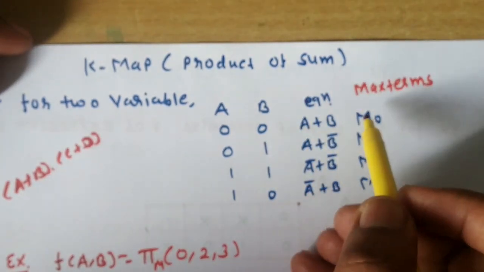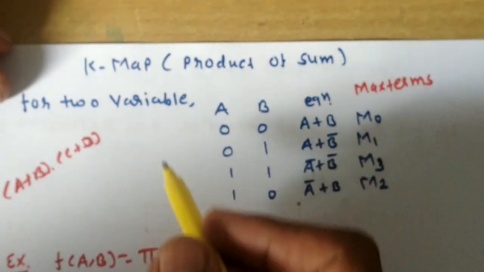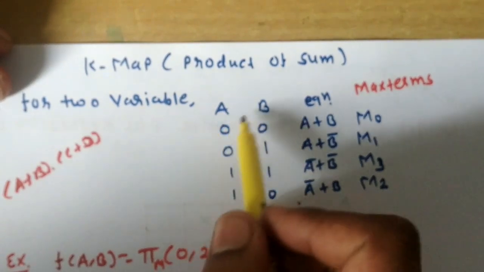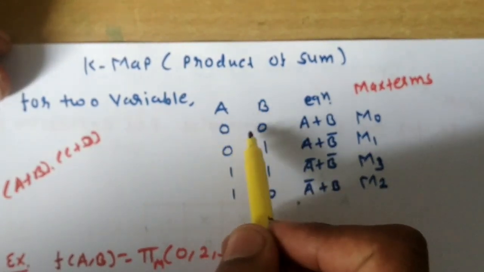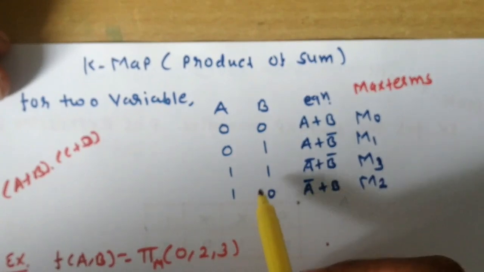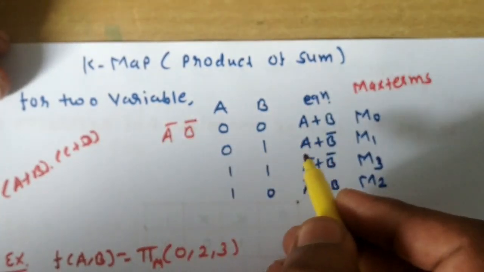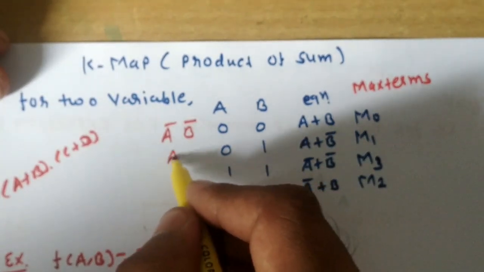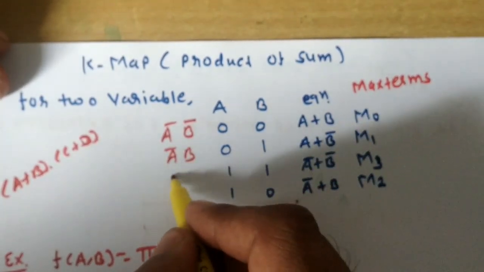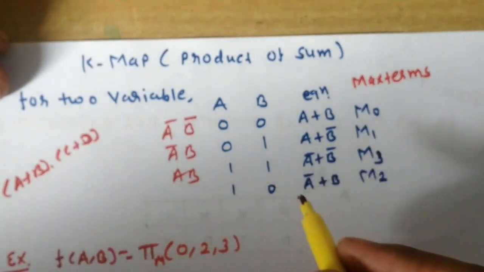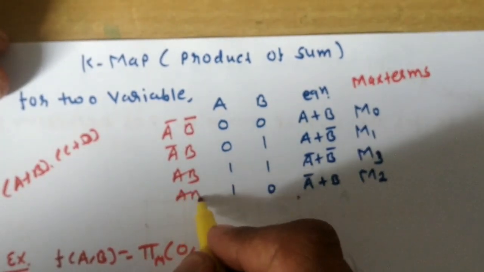So how is it actually written? In sum of product, if we have two variables and four combinations, then 0 0 is normally written as a bar b bar, 0 1 as a bar b, 1 1 as a b, and 1 0 as a b bar.